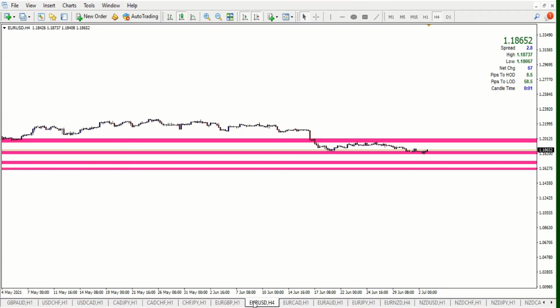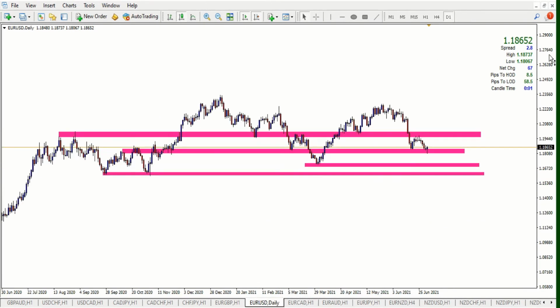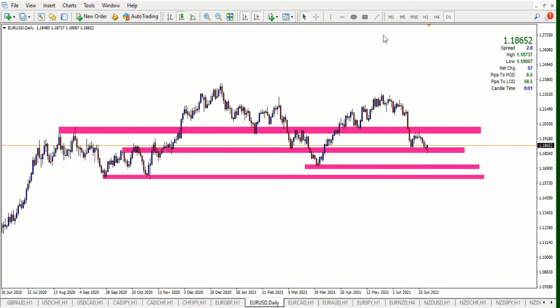So now let's go to the currency pairs. The first one will be the Euro USD. As previously mentioned, I still think that we are in the bearish movement. We've broken structure. The market has made a high, came back down to make a low, and now it's made a lower high over there in that zone.